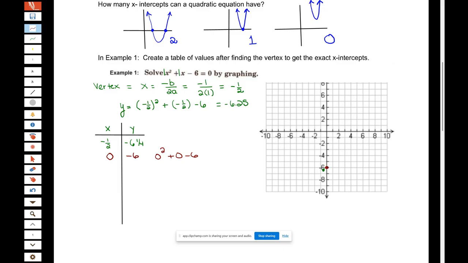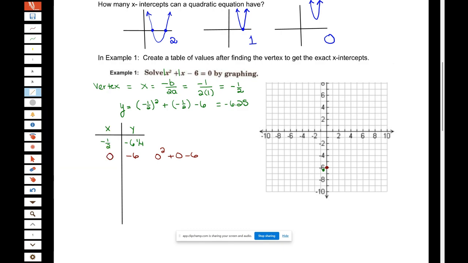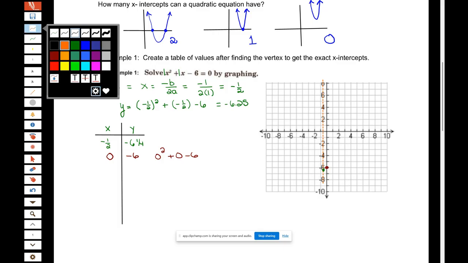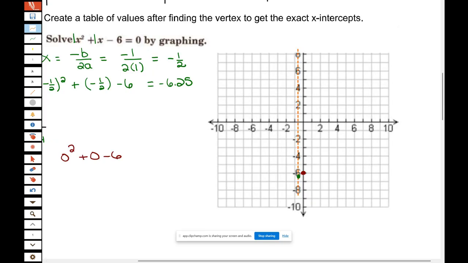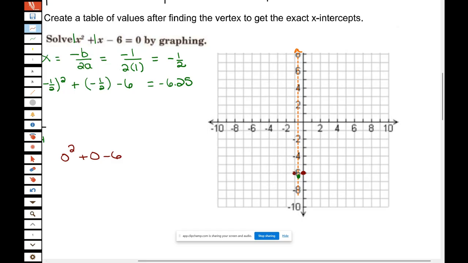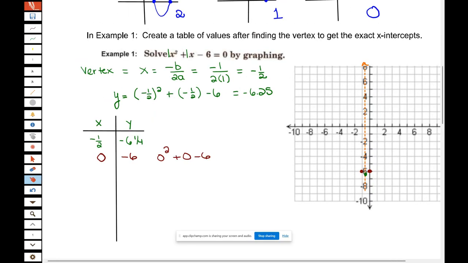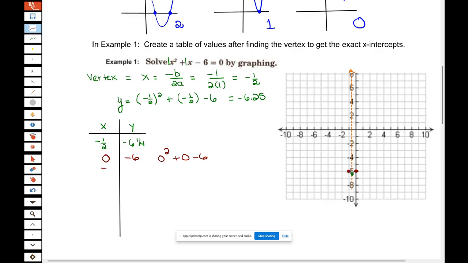And because a parabola is symmetrical about the vertex, or the axis of symmetry line, whatever point I got at 0 will also be at the x value of negative 1. So at 0, it's negative 6, but also at negative 1, it's negative 6.